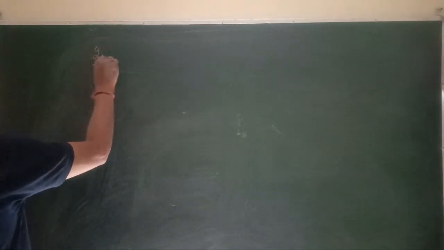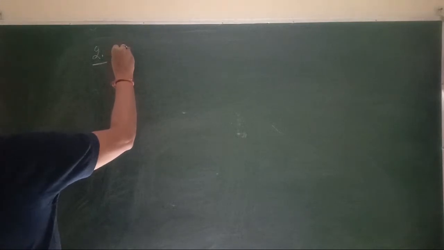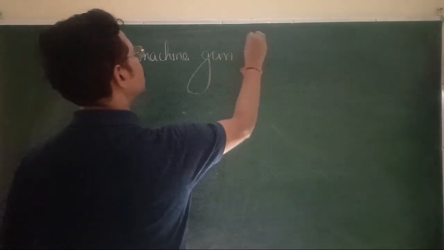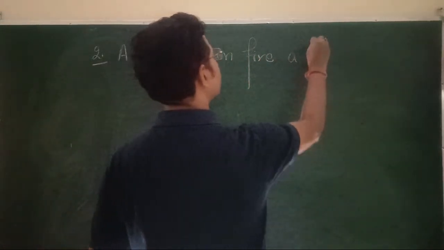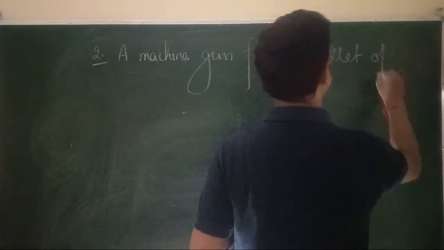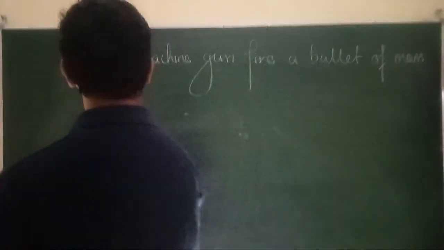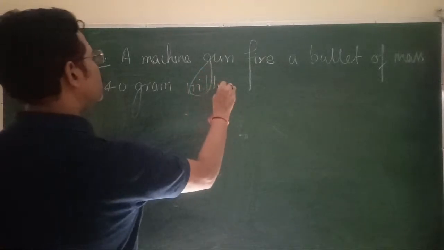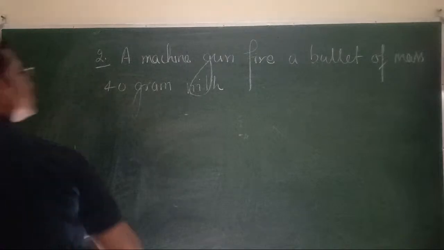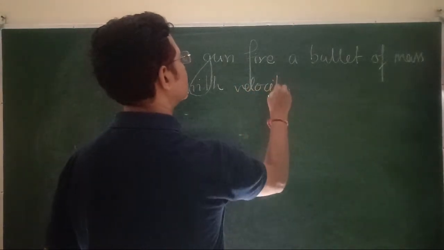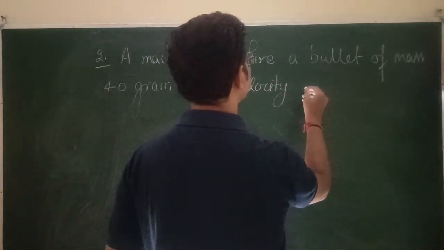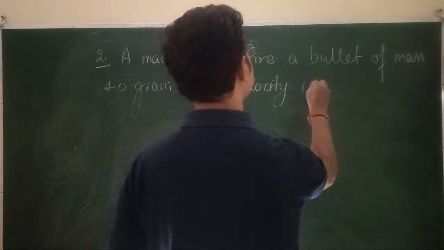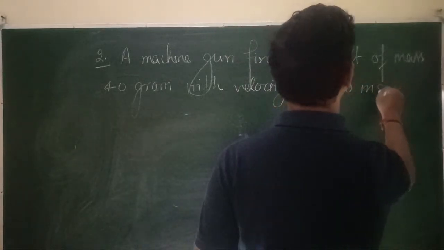Second application. A machine gun fires a bullet of mass 40 gram with velocity 1200 meter per second.